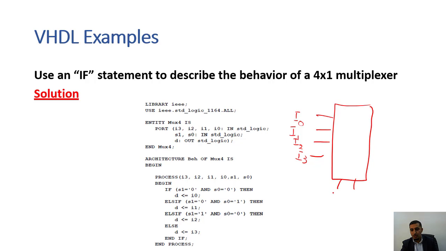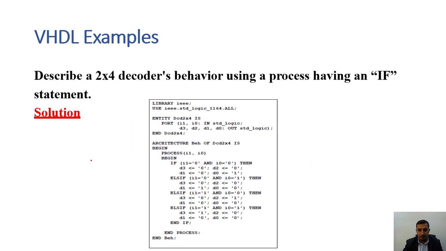We have 2 selectors, S0 and S1, and we have 1 output, which is D. So if S1 is equal to 0 and S0 is equal to 0, then I0 is sent to D. Else if S1 is equal to 0 and S0 is equal to 1, then we go for I1 and so on. So this is using if statements. This also will make our life quite easy and simple.